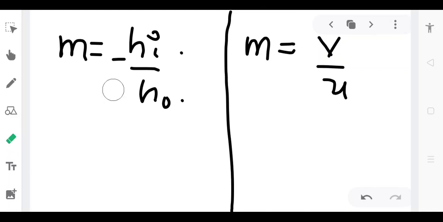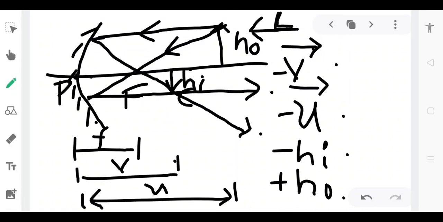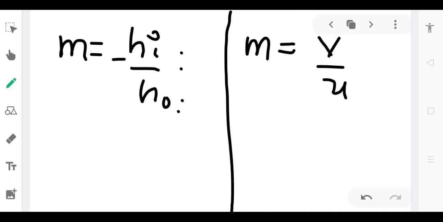Initially I told you two conditions, and you have to remember those conditions. By substituting the sign conventions for HI and HO from the previous diagram, we substitute in this formula. So what will we get?